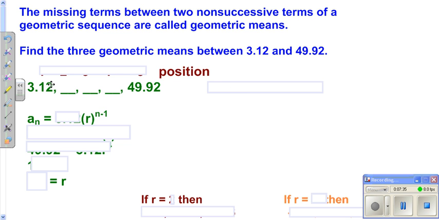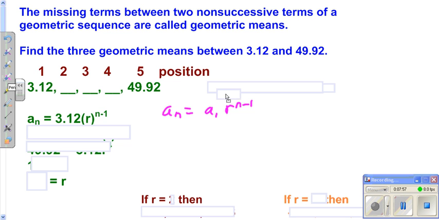So my 3.12 is in the first position. This is my second number, my third number, my fourth number, and this is then my fifth number. So I can use my formula of a sub n equaling my first term times r to the n minus 1 to help me out here. I know my first term.